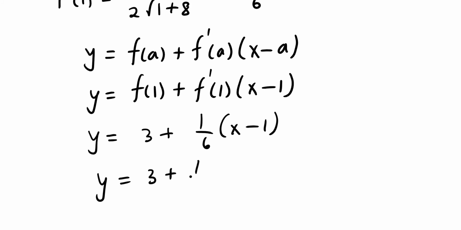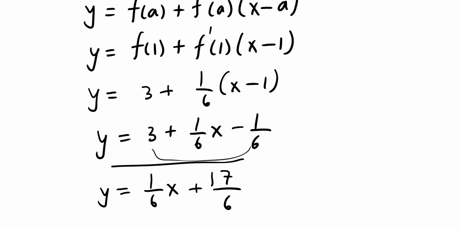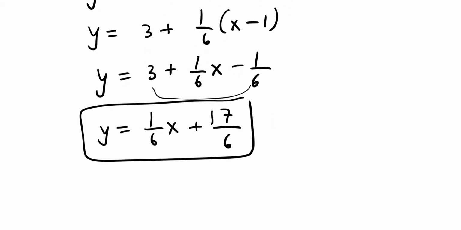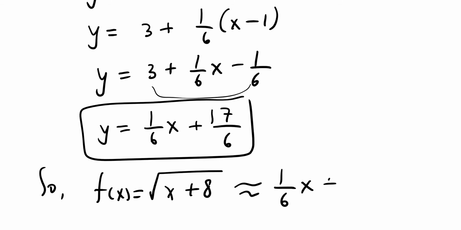Multiply the 1/6 out, minus 1/6. Then combine the 3 and the negative 1/6 by finding the common denominator, which is 6. That's 18 minus 1, 17 over 6. So this is called the linearization of the function. So we can say the given function, the square root of x plus 8, is approximated by this function.